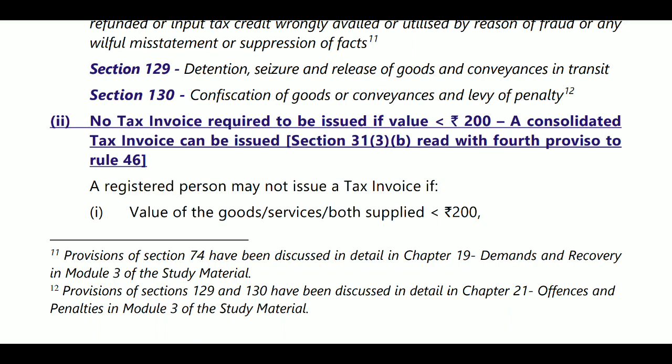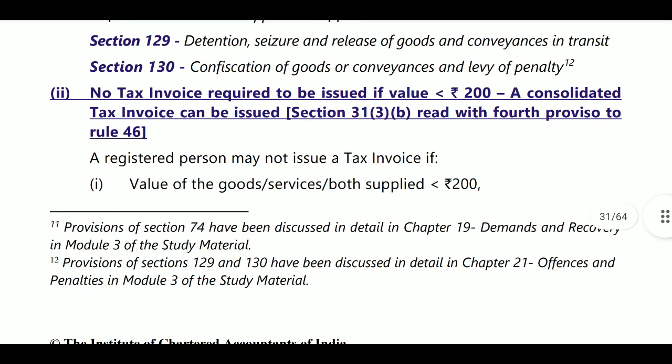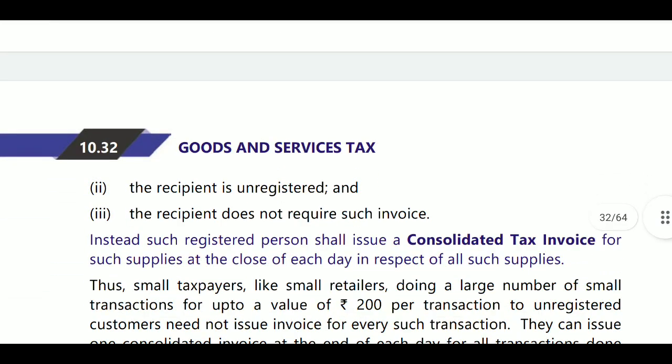A tax invoice is not required to be issued where the value of the supply of goods or services is less than 200 rupees, or the recipient is an unregistered person, or the recipient does not require such invoices.